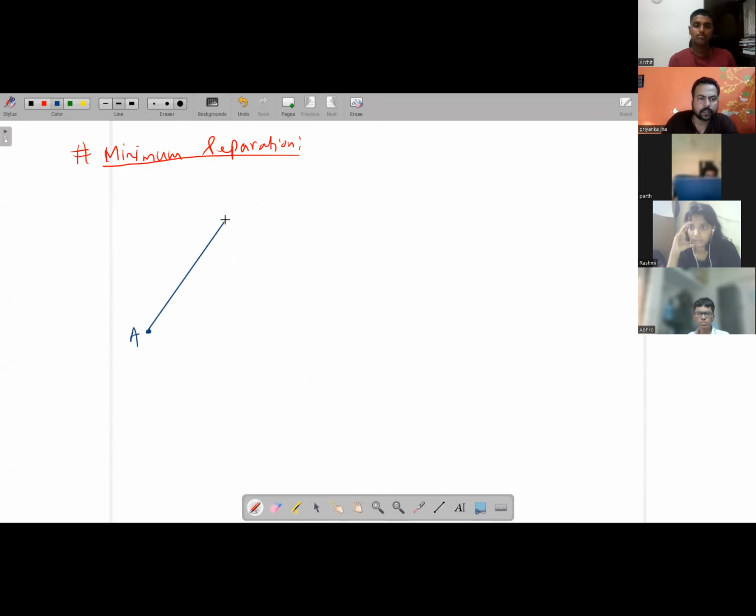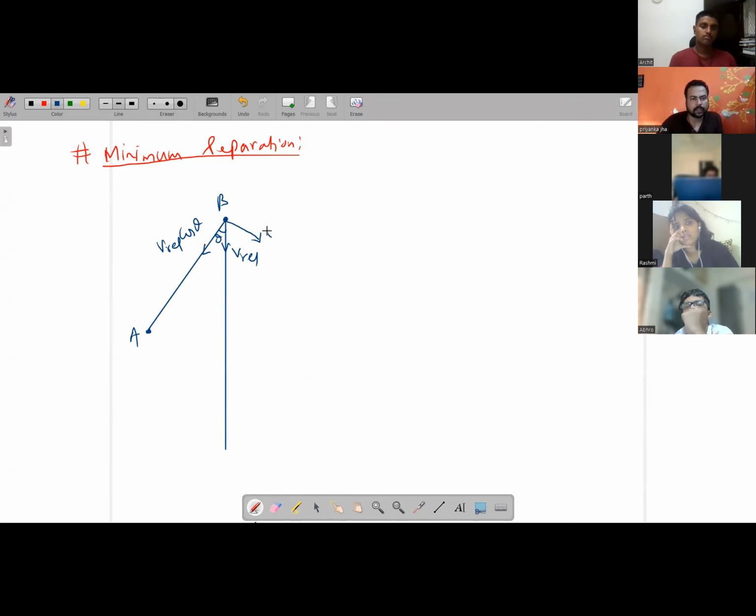This is A. This is B. Suppose B is traveling on this path, and B has some velocity V relative, in the frame of A, and this angle is theta. At this point, B will have two components: V relative cos theta and V relative sin theta.